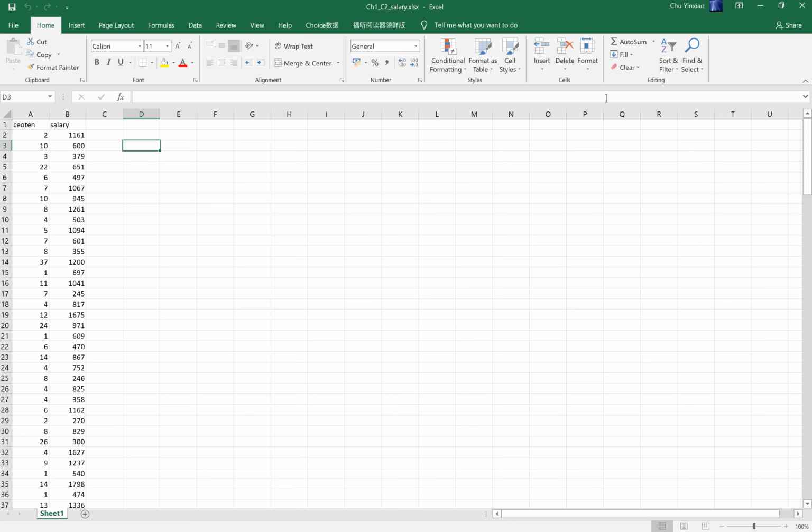It's pretty simple in Excel to find this average number, right? For example, if you choose the whole column, there will be an average here.